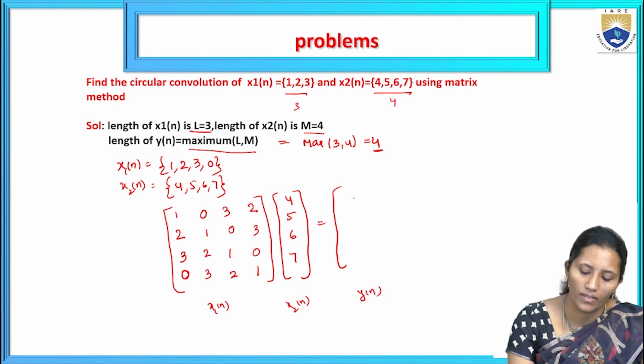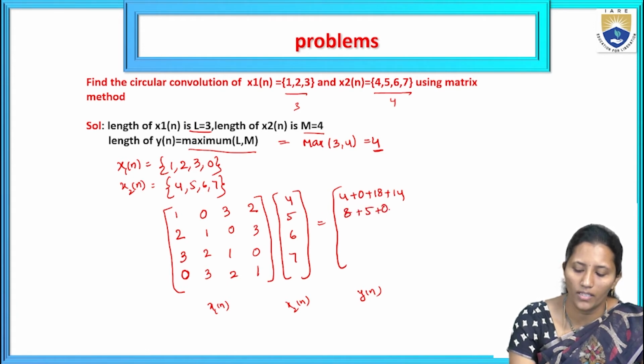So 4 plus 0 plus 3 into 6, 18, plus 14. Second sample is 8 plus 5 plus 0 plus 21. Then 12 plus 5 into 2, 10, plus 6 plus 0.